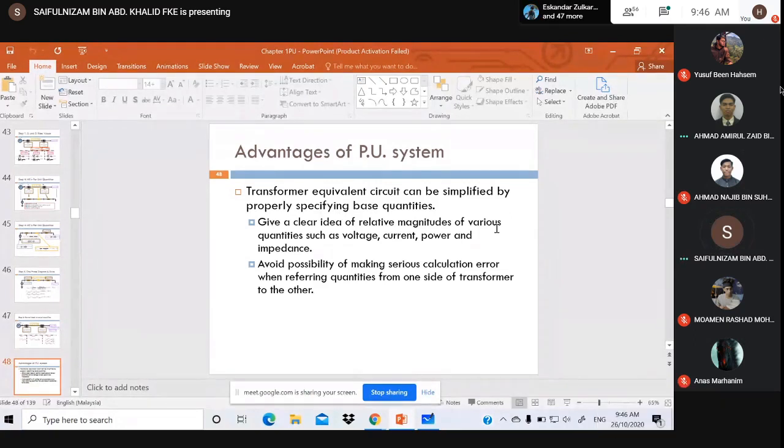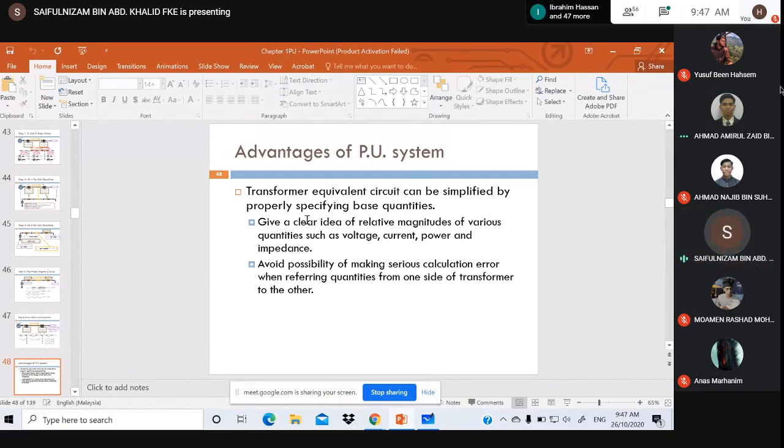So let's go to the advantages of the per unit system. The per unit system is a scaling mechanism, right? The transformer equivalent circuit can be simplified by properly specifying the base quantities, meaning there is no more coupling circuit for the transformer.